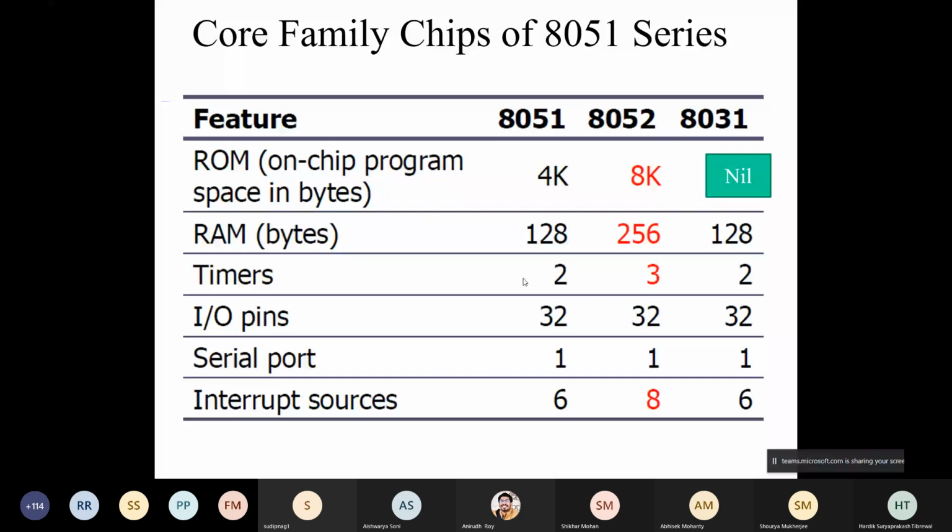But there is no harm in looking at the history part of it very quickly. This is just an overview of the summary of the features of the families of microcontrollers which were available. So 8031 doesn't have any ROM, as you can see, but it has all other features like RAM, timers, IO port, serial port, and interrupt sources. So I'll just skip this.